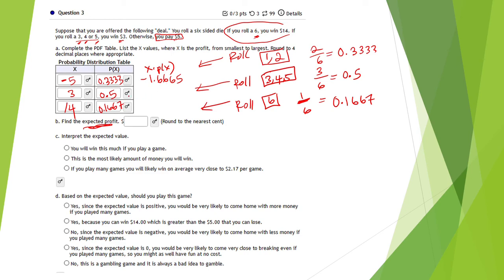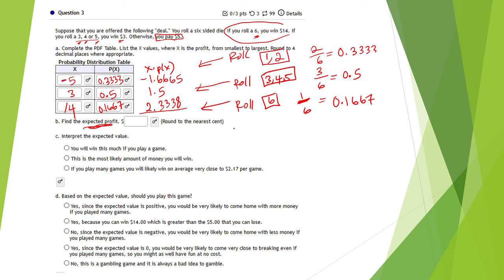I'm going to do the same thing for 3 times 0.5. That's going to give us 1.5. And we'll do 14 times 0.1667. And that gives me a number of 2.3338.